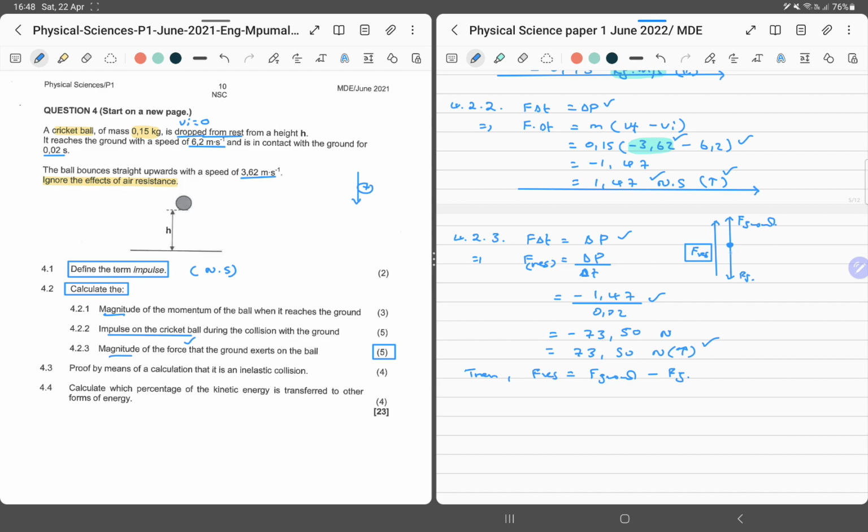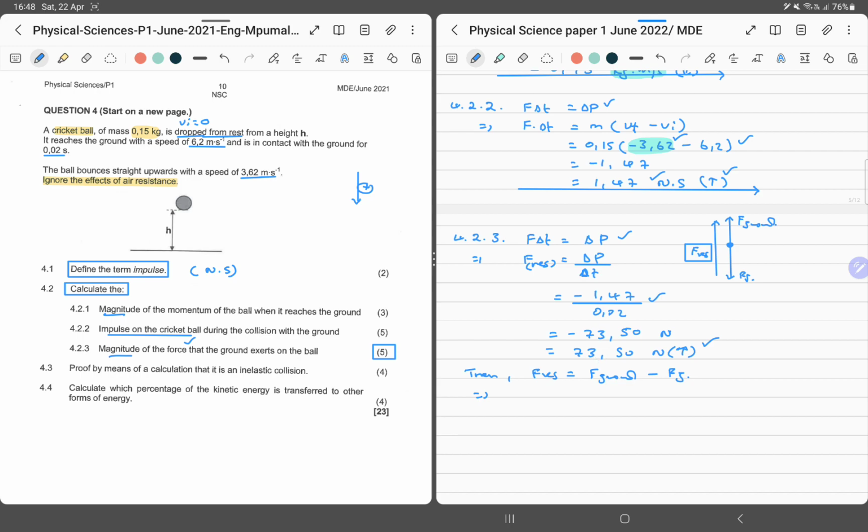Because everything was directed upward, so it means that force is greater than gravity, because this came out as negative and we saw that negative was upward. So which implies, what is our resultant force? Our resultant force is this 73. Remember, this is upward, so it's negative.